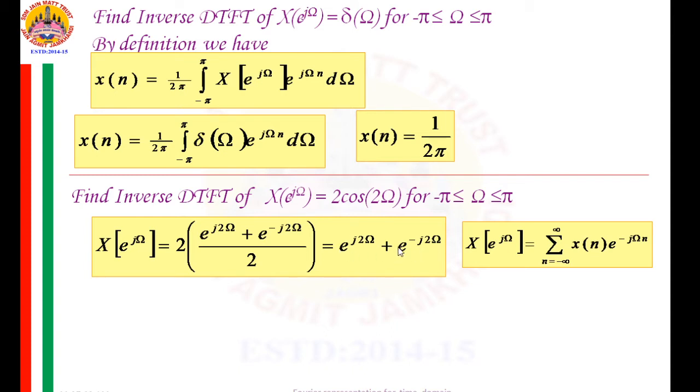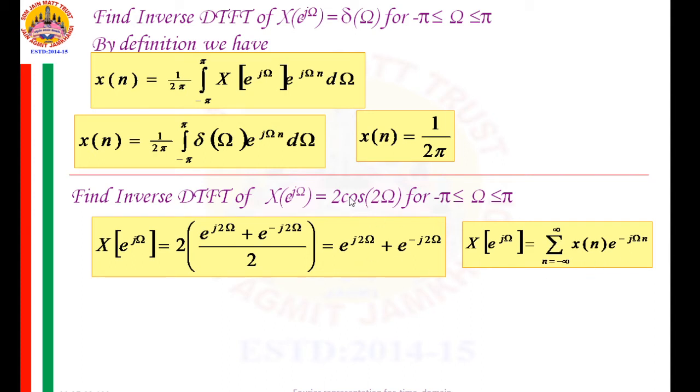If you consider x of n into e raised to minus j ohm n, when n is equal to minus 2, that becomes x of minus 2, the coefficient of this, and the coefficient of this becomes x of 2. So x of 2 is 1 and x of minus 2 is also 1 when you compare this expression with this expression.